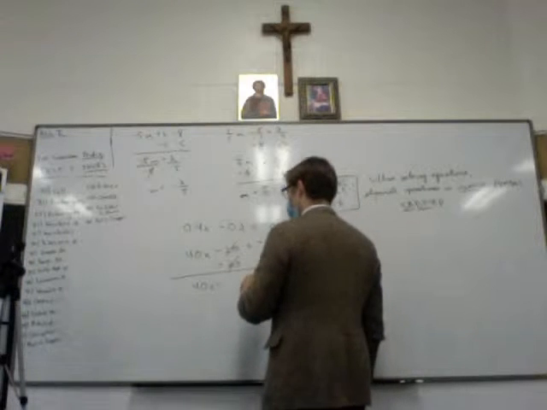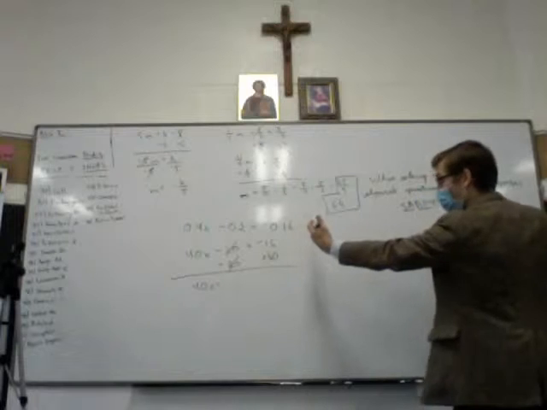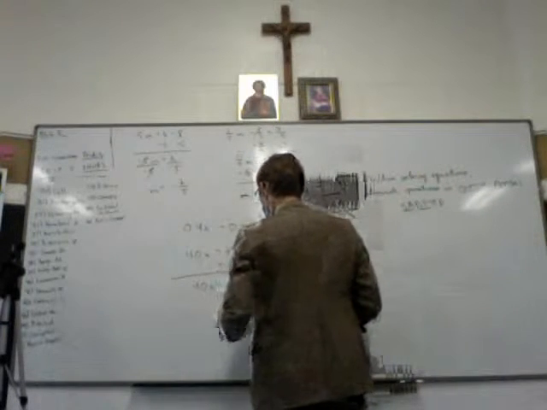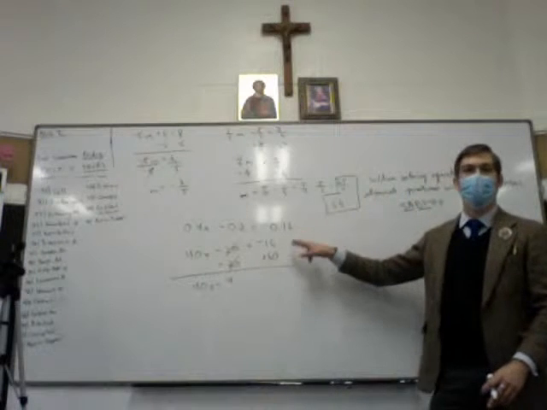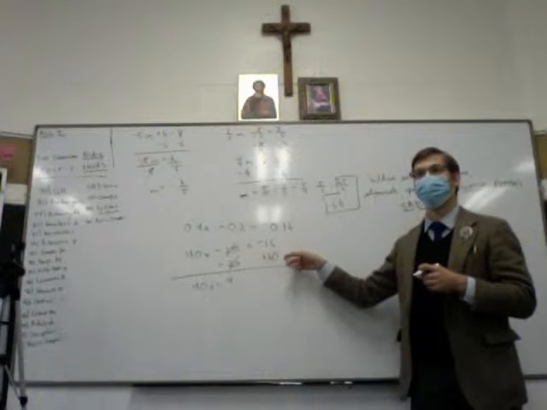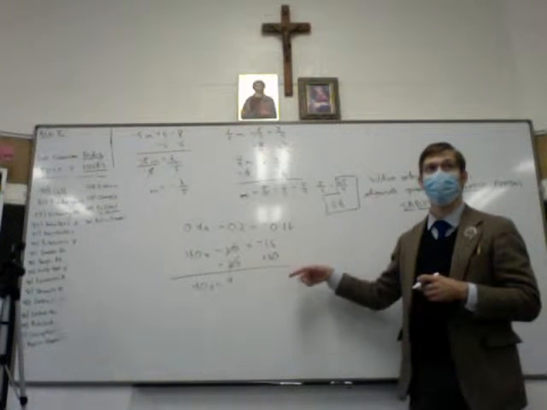Remember, when the signs are different and we're adding them, we subtract, and then it takes the sign of whichever one has the larger absolute value. So 20 minus 16 is 4. Since 20 has the larger absolute value, it's positive 4.